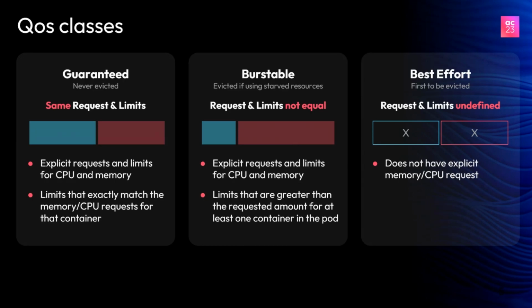You have something called Guaranteed, where you have the same request and limits, which means they'll never be evicted. Then you have the least favorite, which is BestEffort, where you don't set a request or a limit, and they will be the first ones to get evicted. Then you have something in the middle, which is Burstable. Again, it will depend on the usage whether to evict it or not.